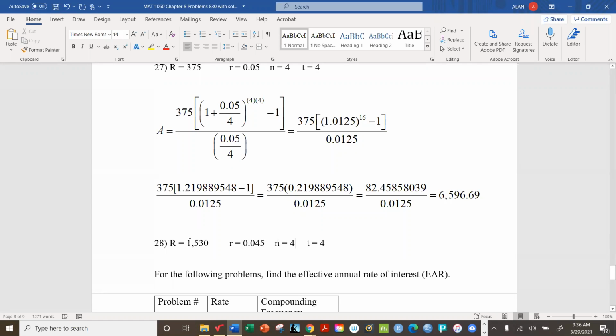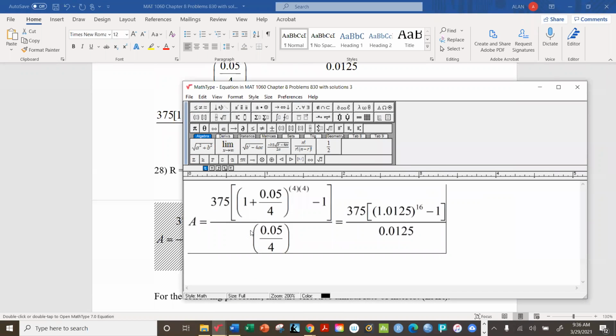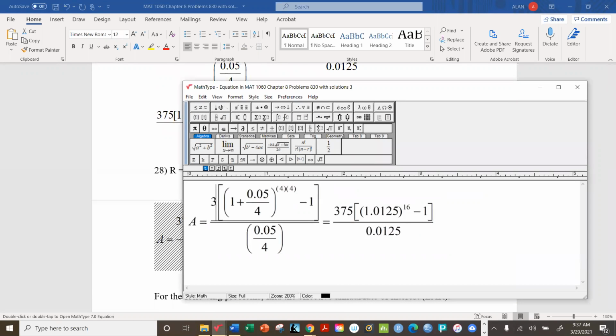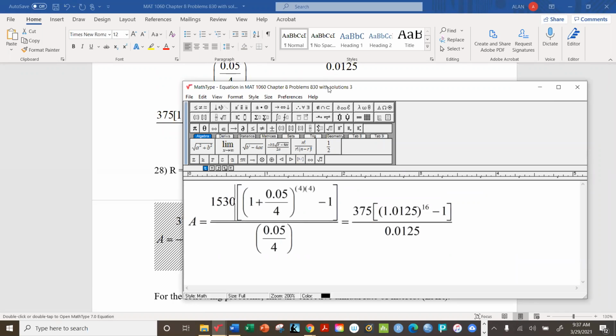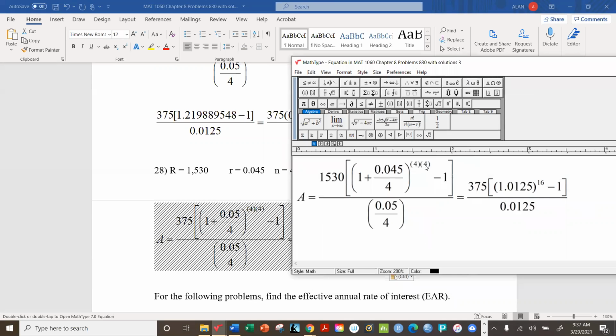It's quarterly compounding, and this time it is for 8 years. All right, so borrow this formula and plug in the correct numbers. 1530. The rate of interest is 4.5%, compounded quarterly for 8 years.